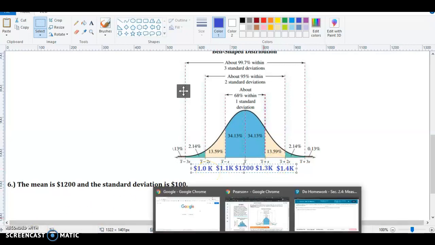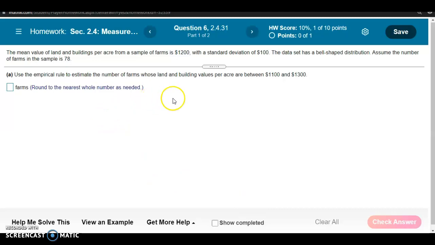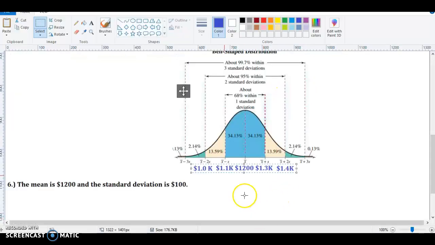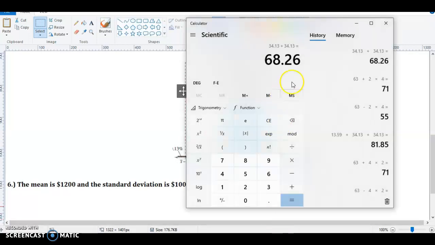So the question was asking us to use the empirical rule to estimate the number of farms whose land and building values per acre are between 1,100 and 1,300. According to our diagram, 1,100 and 1,300 are within 1 standard deviation. And remember, 34.13 plus 34.13 is approximately 68.26%.